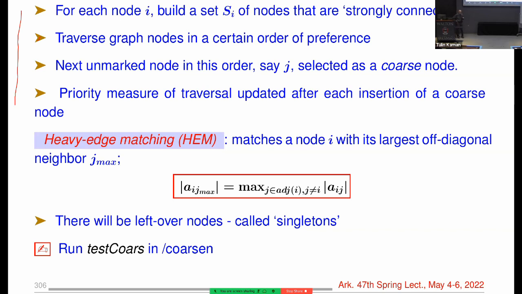That's a little complicated to do, so in some of the simpler versions we don't do that. We just do it at the beginning. So heavy edge matching just matches a node with its largest off-diagonal neighbor. That's all. So I'm going to show you a little demo that does exactly this.